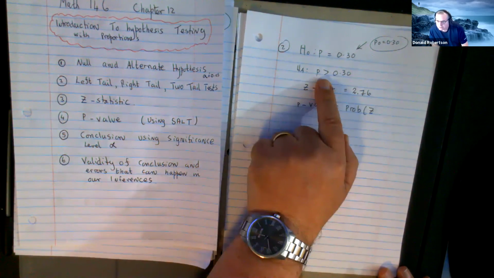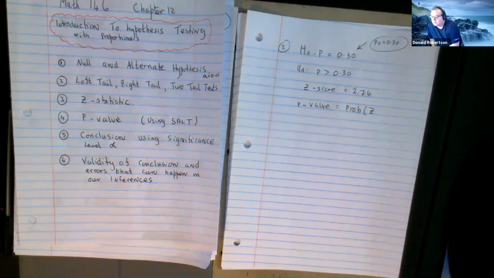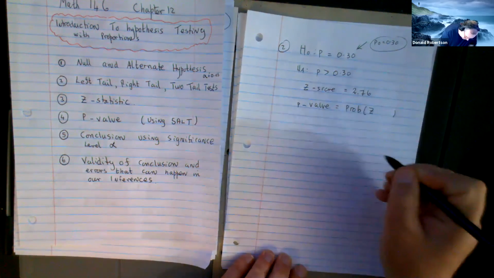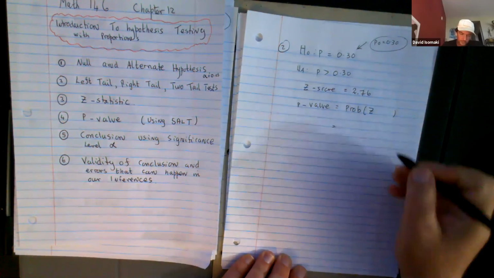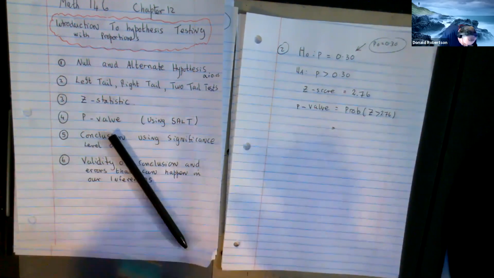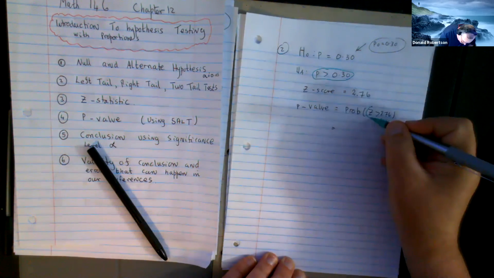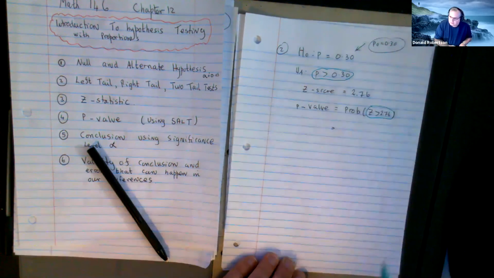Well, looking at my story, bigger or less than 2.76. Which should it be? Bigger. Great. Remember what I said, that whatever this is doing, that's going to do the same direction, right?